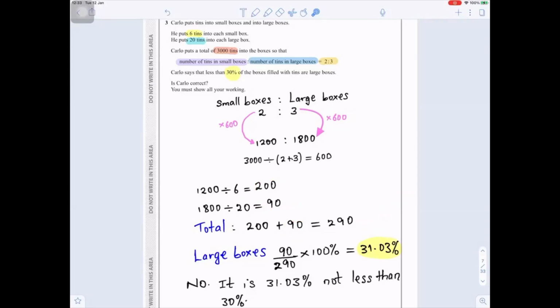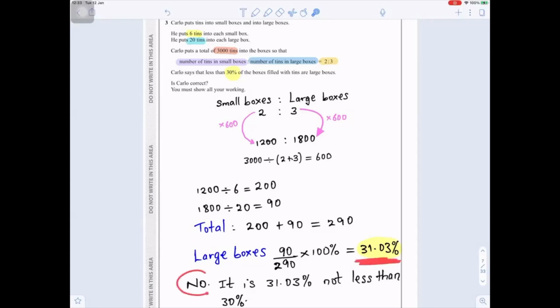For the large boxes, it's 90 for large boxes divided by the total, which is 290. 90 divided by 290 times 100% to change it to a percent. It gives us 31.03%.